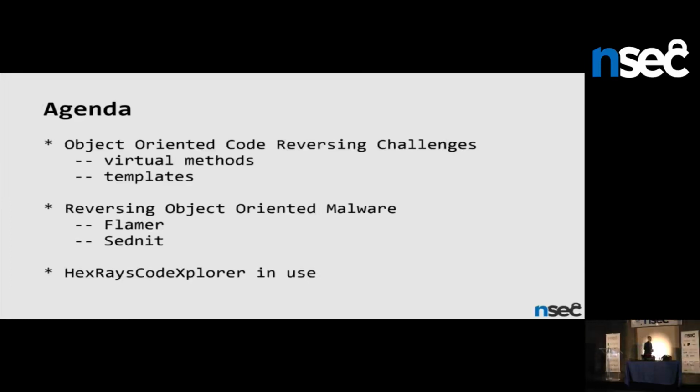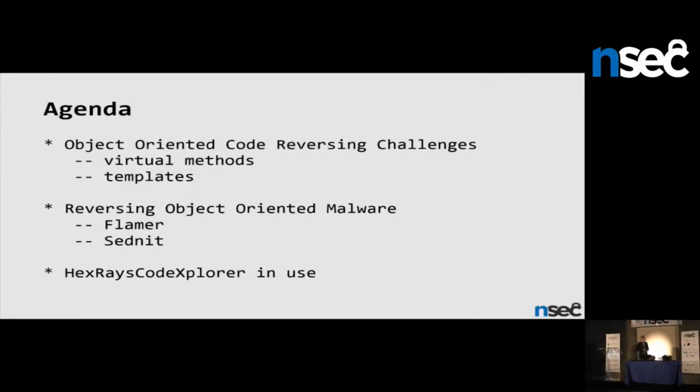We will also limit our attention to a specific compiler, Microsoft Visual C++, because some of the approaches I will be presenting may not work, for instance, for the GCC Linux compiler. All the examples will be based on IDA Pro and the HexRays decompiler, because this is a very versatile tool and the de facto standard in the industry.